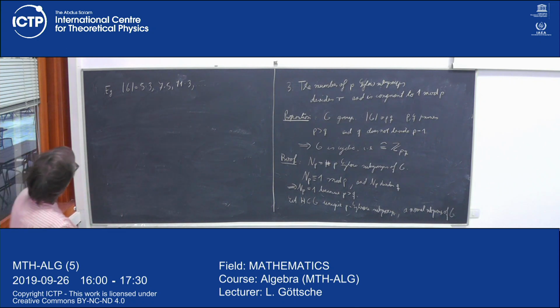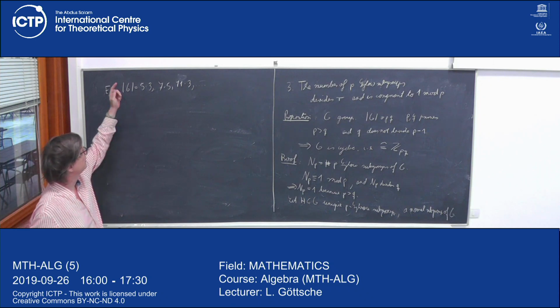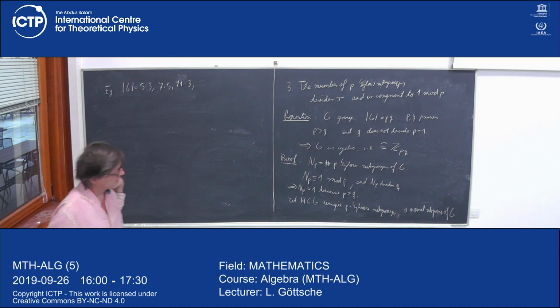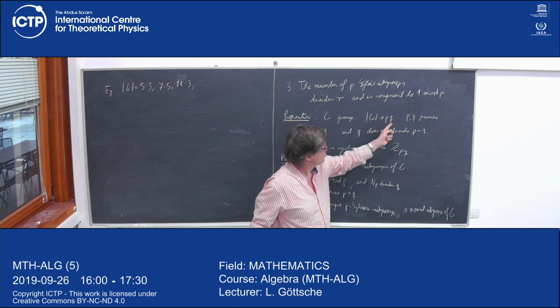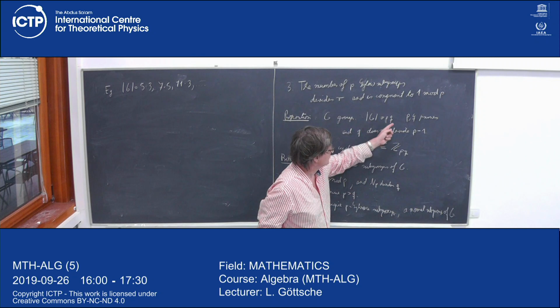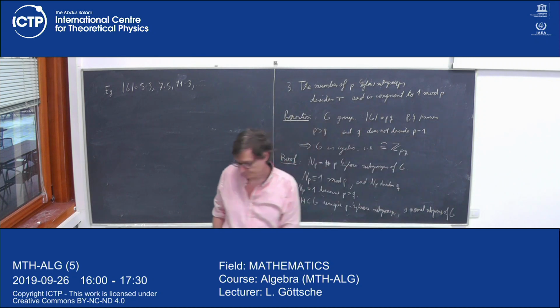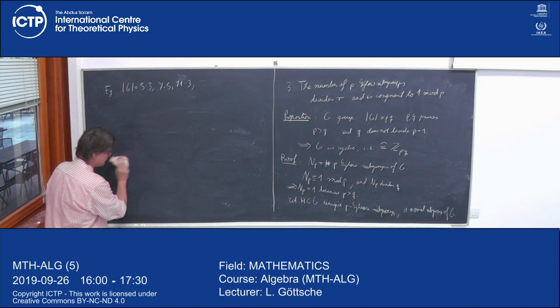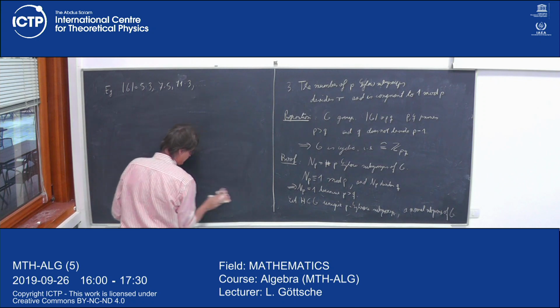So we now know precisely, up to isomorphism, all the groups if the number of elements of the group is a prime number, if it's the square of a prime number, or if it's a product of two different primes with this condition. Okay, so maybe in the exercise I will have some slightly more complicated applications.